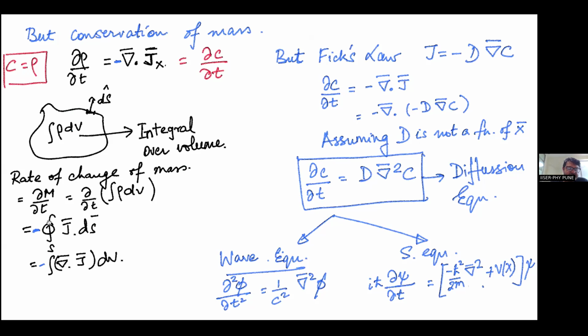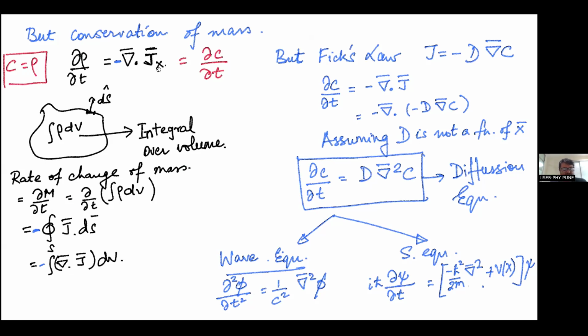Surface integral. If you integrate over the total current flowing out through the surface, this can be written using the surface integral formula, Gauss and Stokes, I think Stokes formula, as divergence J. So basically, the mass conservation equation can be written as del rho del t equals minus divergence J, right?